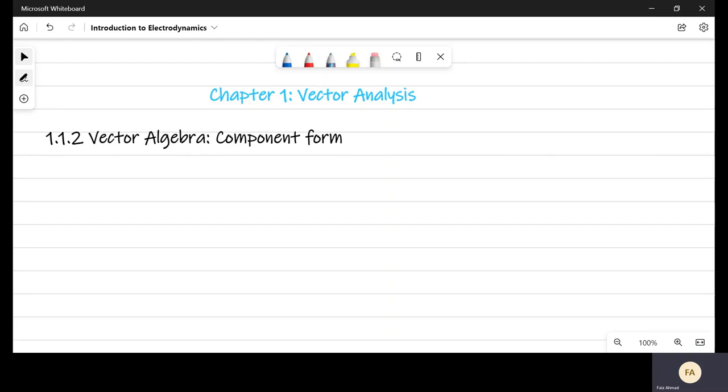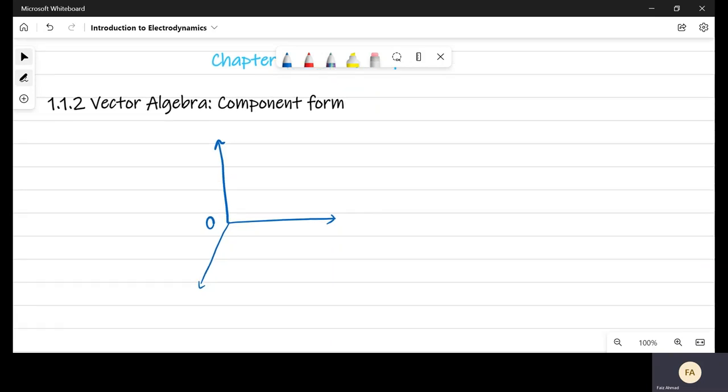In the Cartesian coordinate system, we can express any point in 3 dimensions in x, y, z form. So we have a reference origin, and then we can express any vector or point in 3 dimensions in terms of x, y, z, where we have a point and some arbitrary vector a.